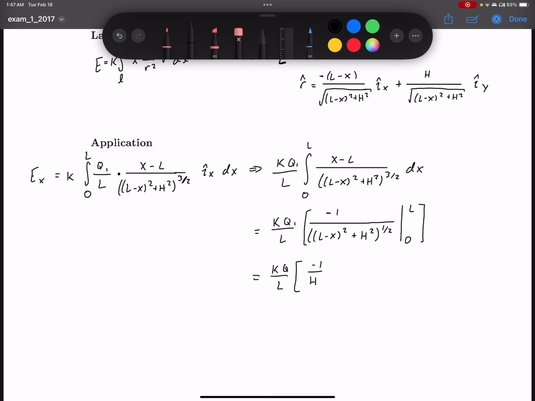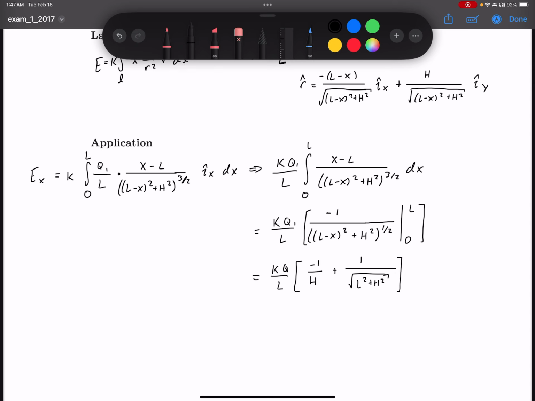So that would be what that would be at L. And then we subtract, but add, really, 1 over L minus 0, which would just be L squared plus h squared to the 1/2 power. But I'm just going to write that as a square root. So L squared plus h squared. Cool.